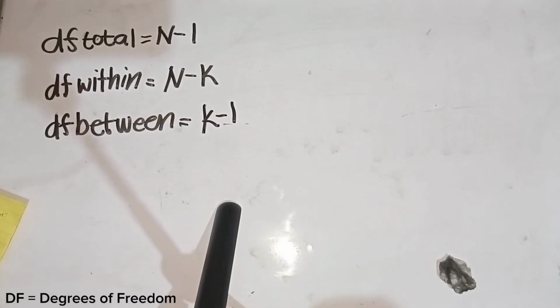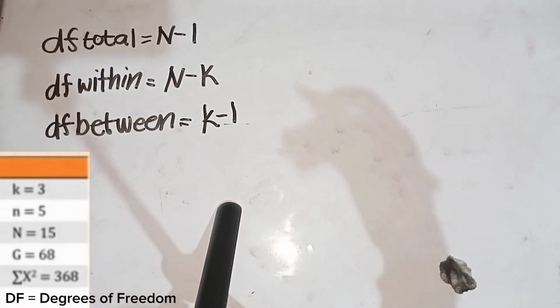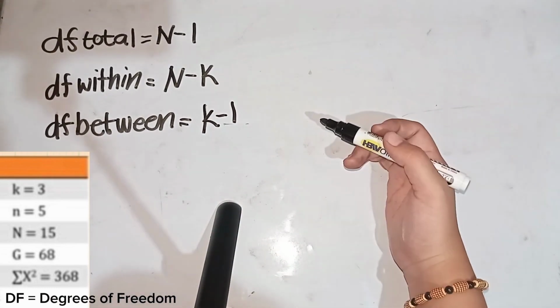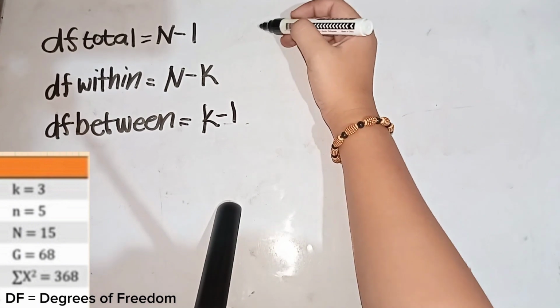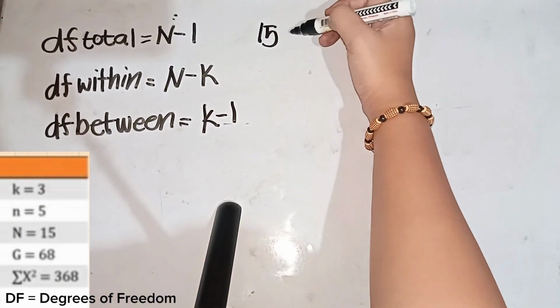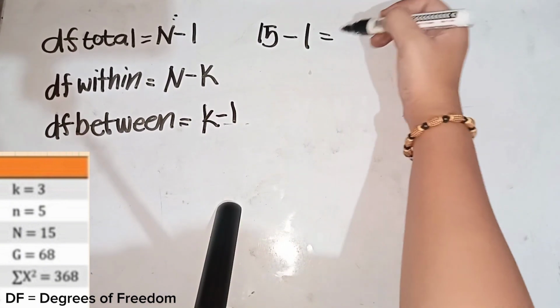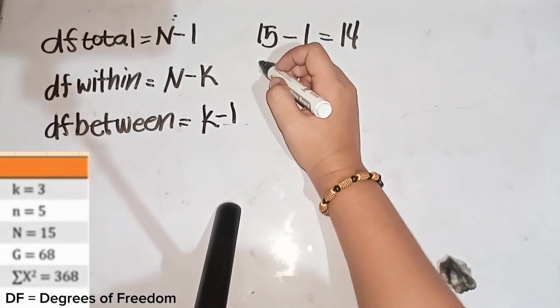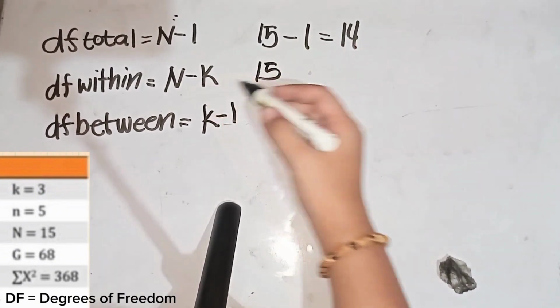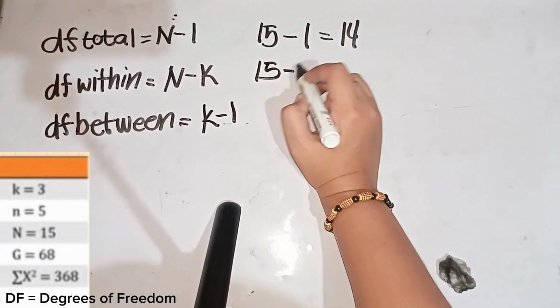So, ang pagkuha sa atong DF guys, ngano ing-ana siya ang result. So, atong DF total kay 14 man. N kay 15. Kasi 15 minus 1 equals 14. Then, sa within, N minus k.